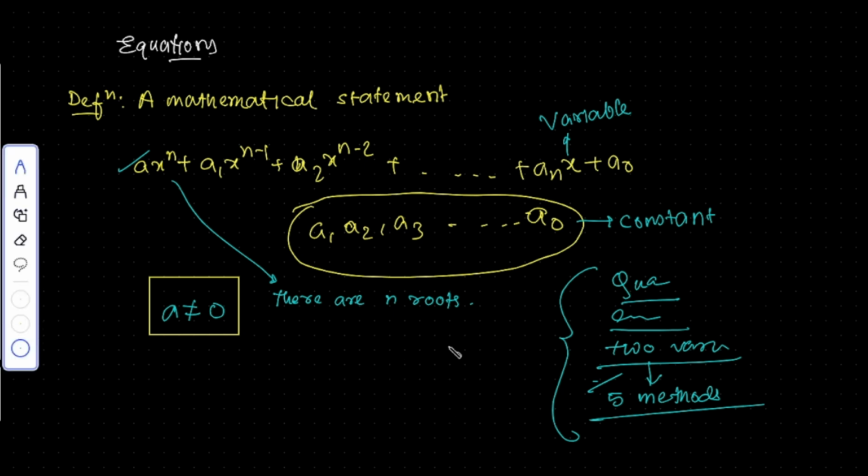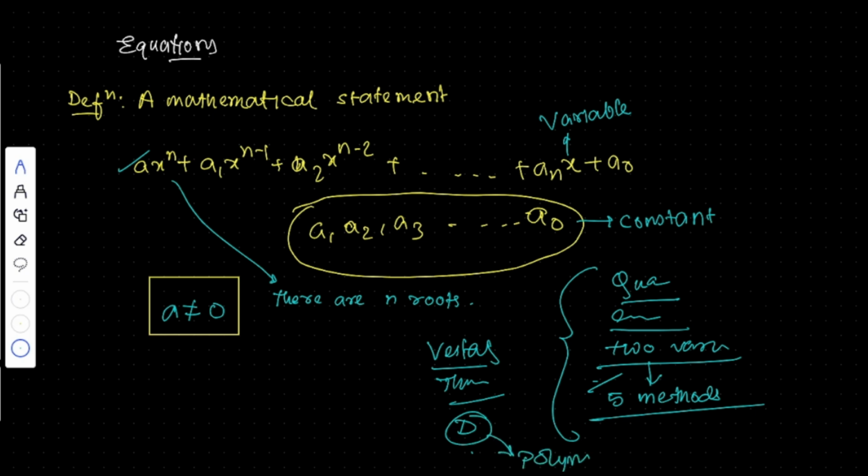Before this, we need Vieta's theorem, and the discriminant part, and the polynomials are just the same.